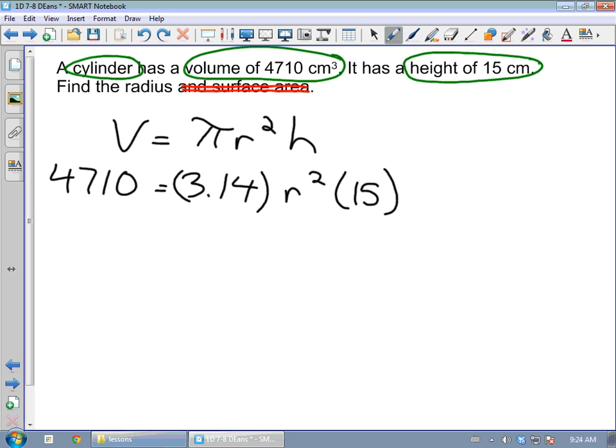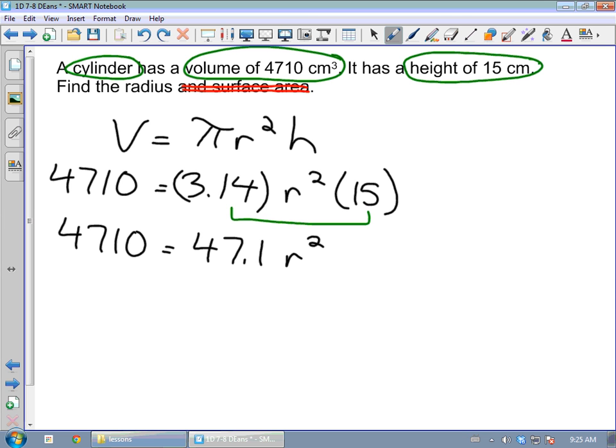I'm going to start by multiplying the two numbers on the right-hand side and keeping the left-hand side the same. 3.14 times 15 gives me 47.1, so I've got 47.1 r squared on the right-hand side.